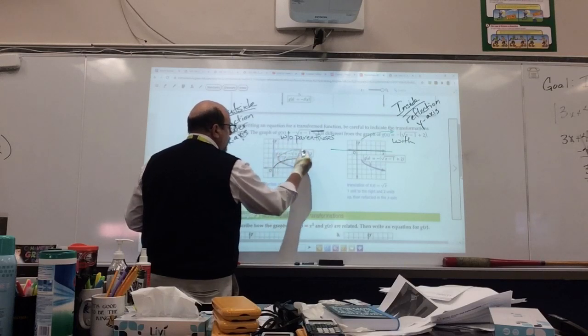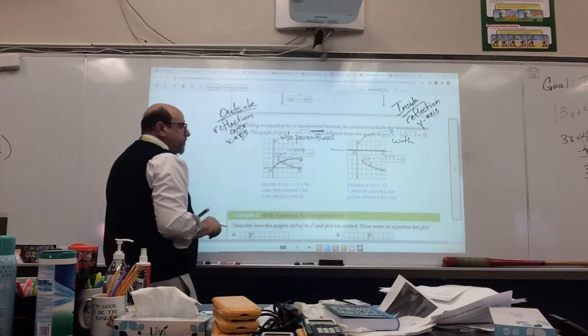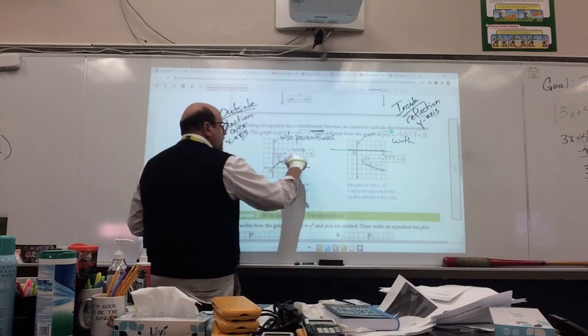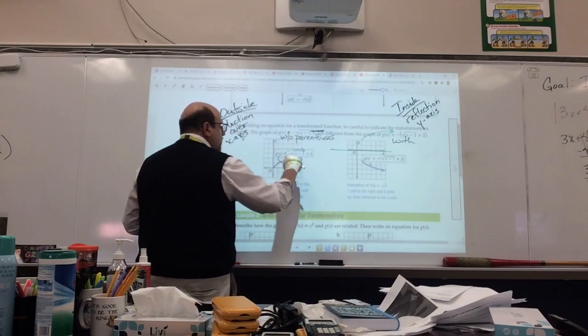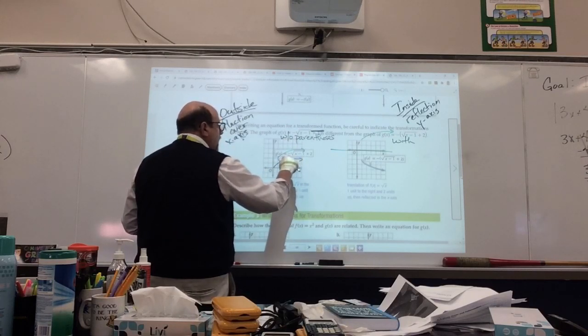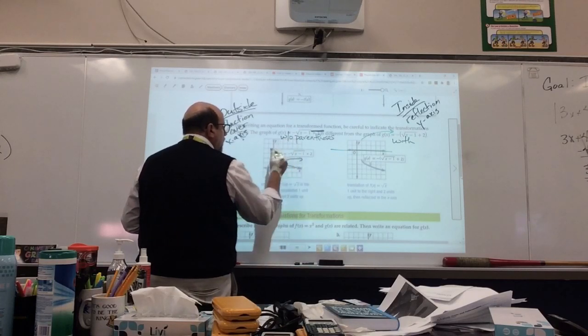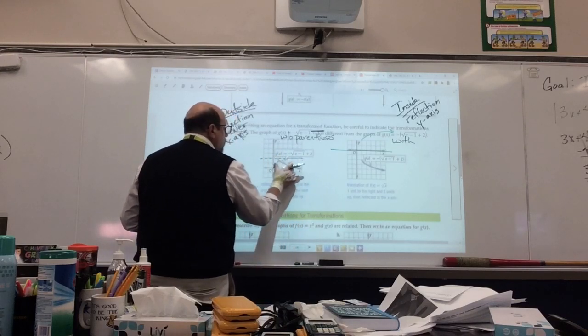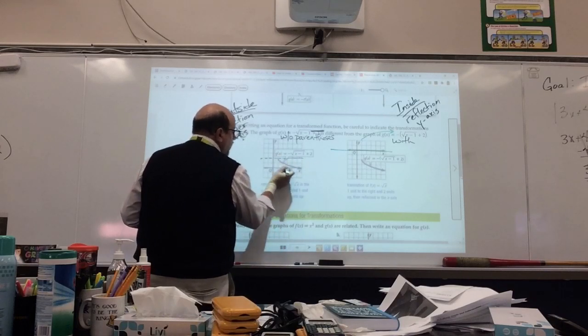So this function would look like this. All right, but outside with no parentheses, outside of that square root symbol, I have a negative, so I need to reflect it as if this were the x-axis. So I'm going to reflect it over itself. I'm going to show its reflection, and that's why it starts here.